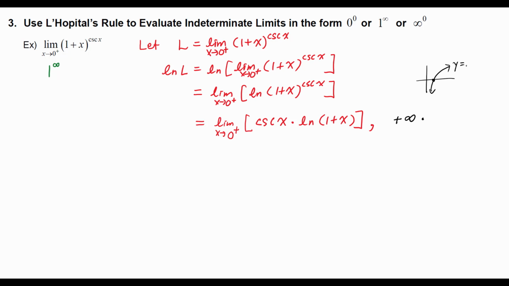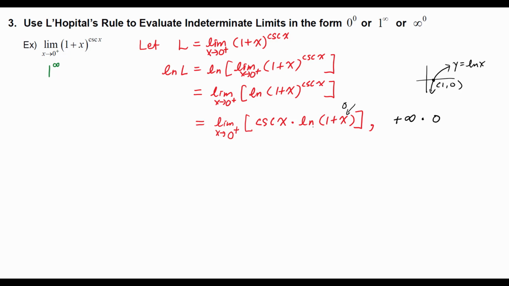And y equals ln x always passes through 1 comma 0. So when x approaches 0, you can literally plug it in and it will be 0. So you have an infinity times 0 again. So you would like to make it 0 over 0, or you would like to make it infinity over infinity, so that you get to use L'Hopital's rule.